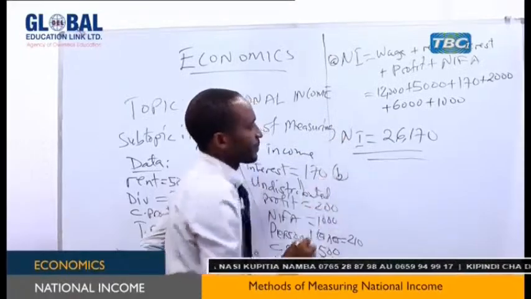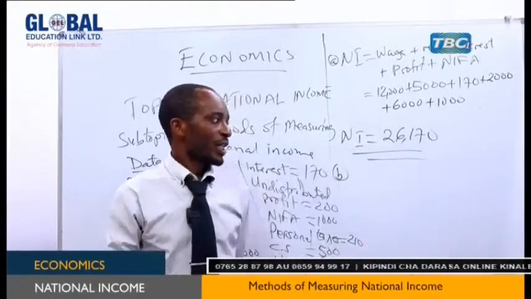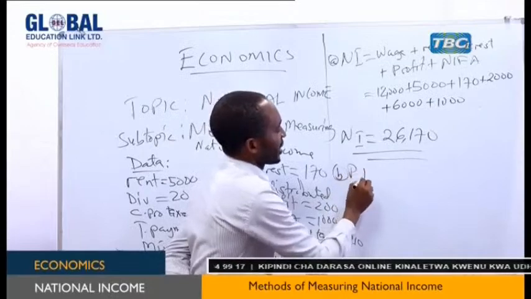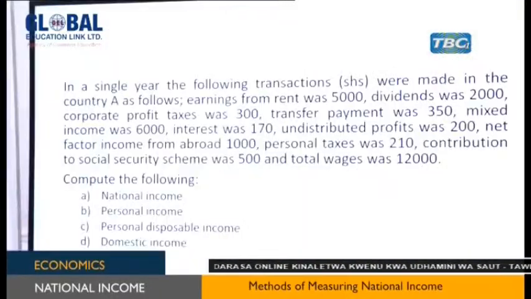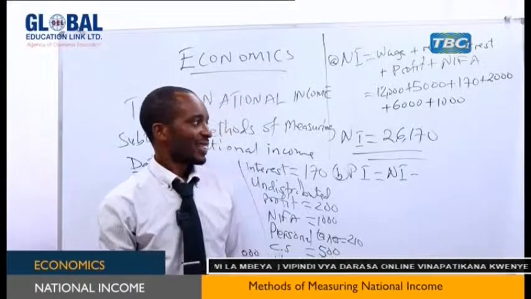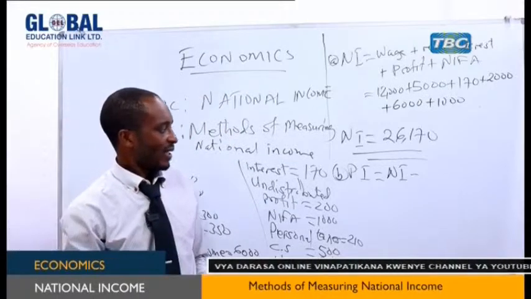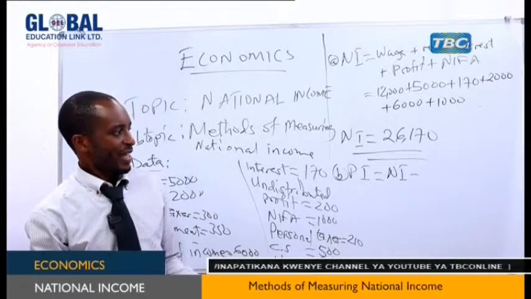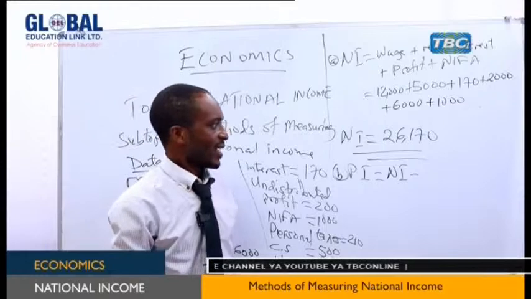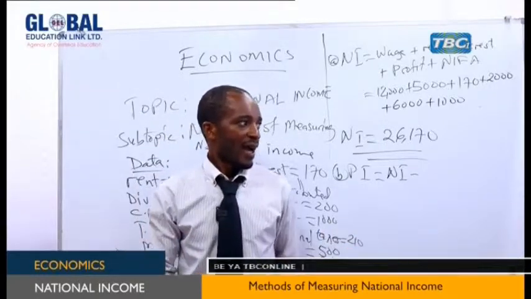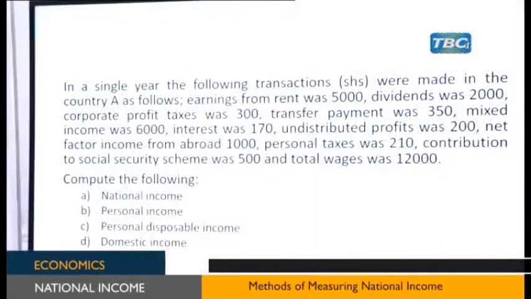So Roman 2, here is B, we are asked to calculate the personal income. The personal income is obtained by taking the national income and subtracting those incomes which are earned but not received, like undistributed profit, social security scheme contributions, and corporate profit taxes.